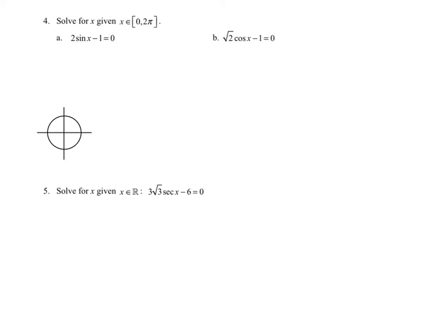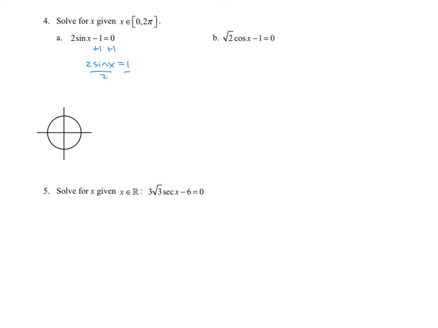In this next part, we're back to a domain of 0 to 2 pi, so that's where we'll be searching for our answer. But we need to isolate our trig function before we can find the possible values of x. So in part A, I need to get sine x by itself. I'm going to add 1 to both sides, and I get 2 sine x equals 1.